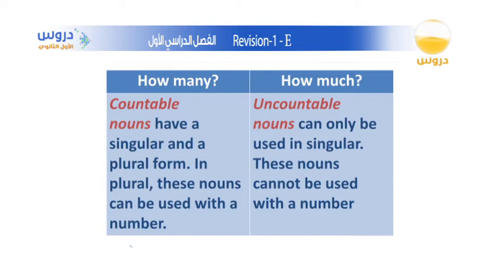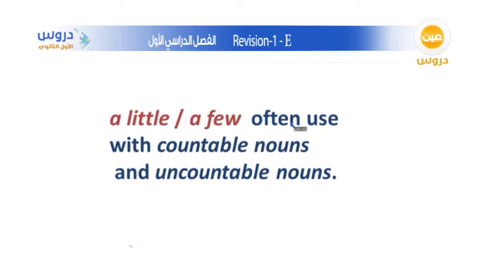Now, let's take this activity here. How many or how much? Can you complete these three sentences here? Number one, how many stars are there in the sky? And number two, how many people live on the island? Birds are there. Yes, go for it. All of you, Mr. Ahmed and Miss Dahlia.